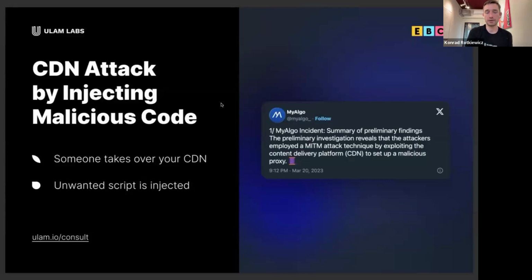It happened to the MyAlgo wallet. Millions of dollars were stolen, and nobody was able to point out who did that. This is the worst part, and this is the common scenario in most infrastructure hacks. I will probably provide more explanation later.